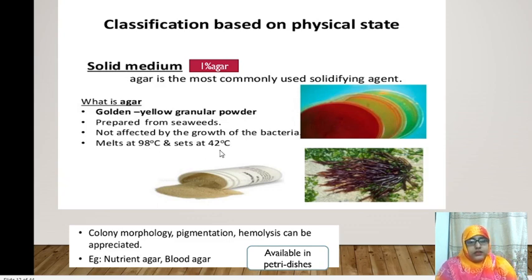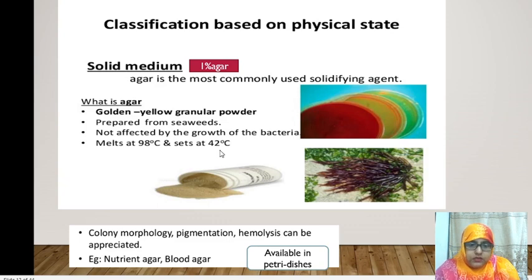You can see here it melts at 98 degrees, near the boiling point of water. Water boils at 100 degrees Celsius, and at 98 degrees Celsius the agar melts, and at 42 degrees it sets in the form of a solid.